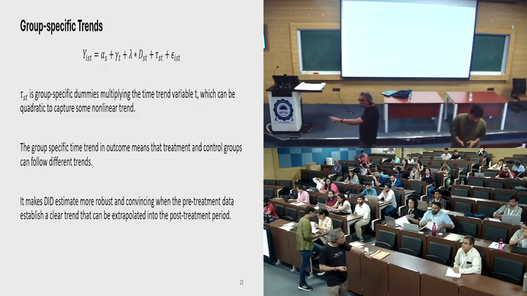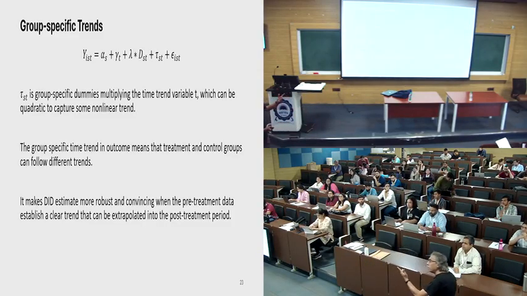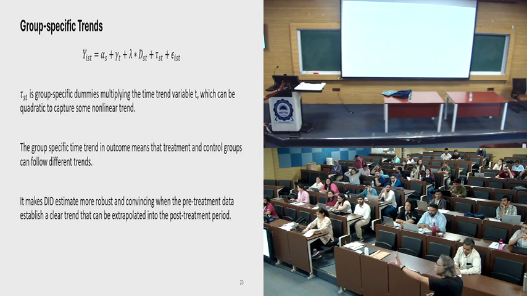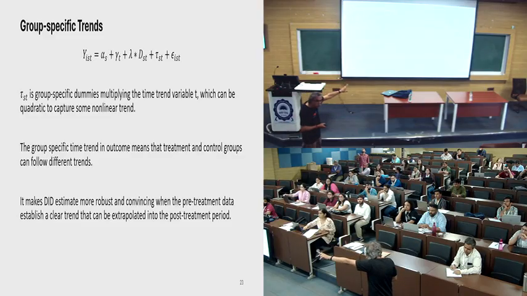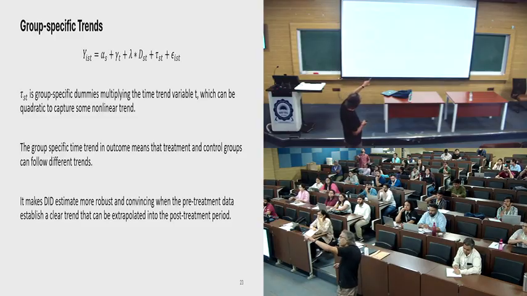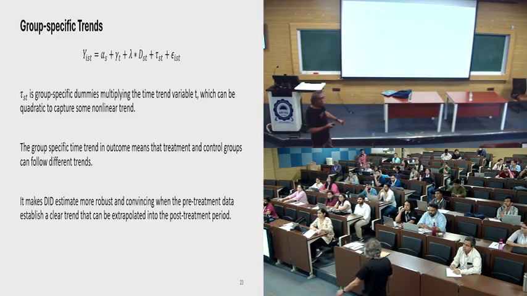If you belong to another, you will follow another trend. Clear? And the way I want to think of my cross-sectional effect, alpha S, my time effect, gamma T, then I have the tau st, that's my group specific effect, and I want to multiply the group specific effect, allowing for something like a different trend.